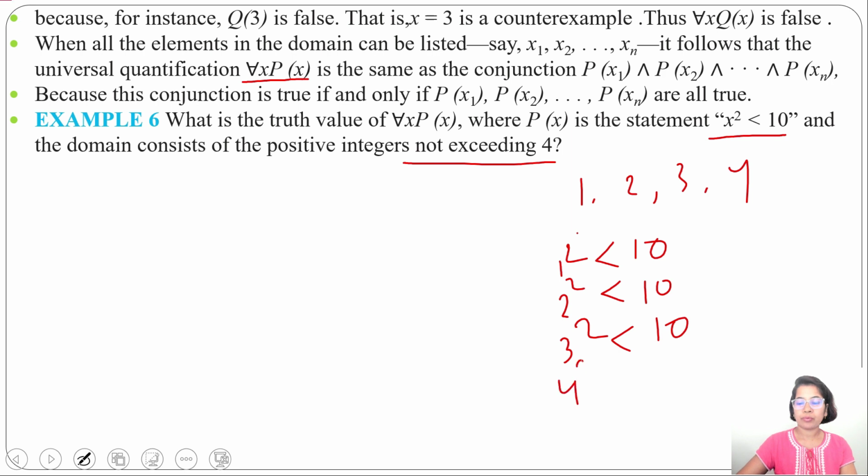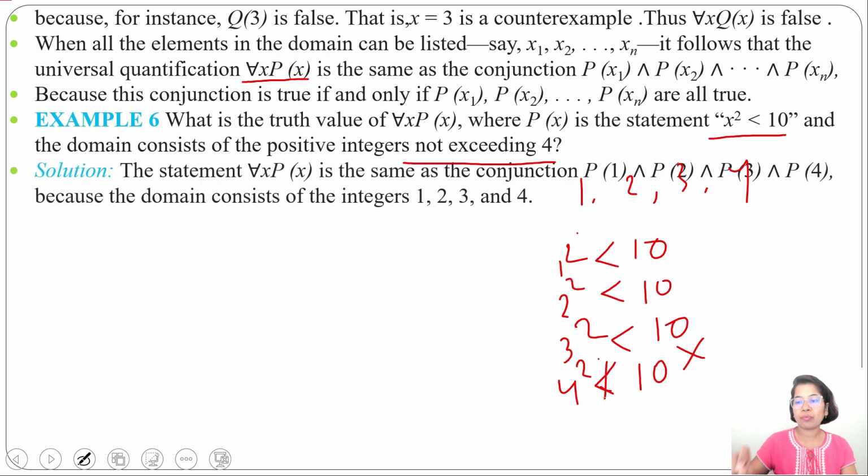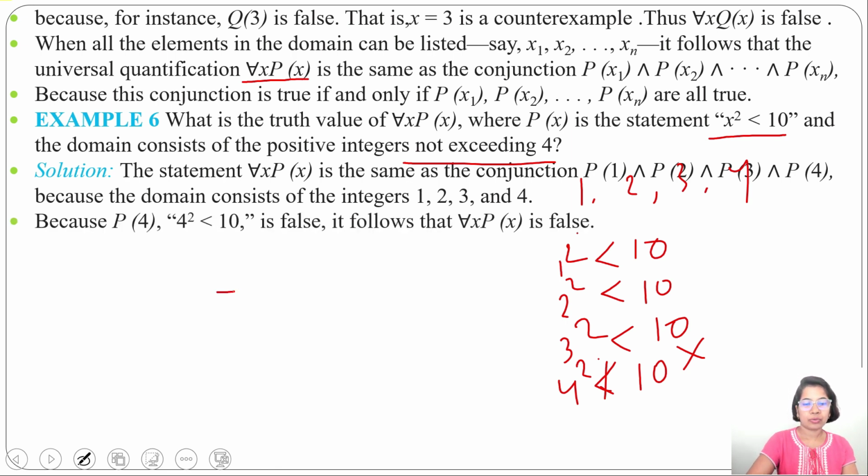Now for 4, 4 square is 16, which is not less than 10. So this is false. If for at least one value it is false, that is our counterexample. For x equals 4, x square is not less than 10.